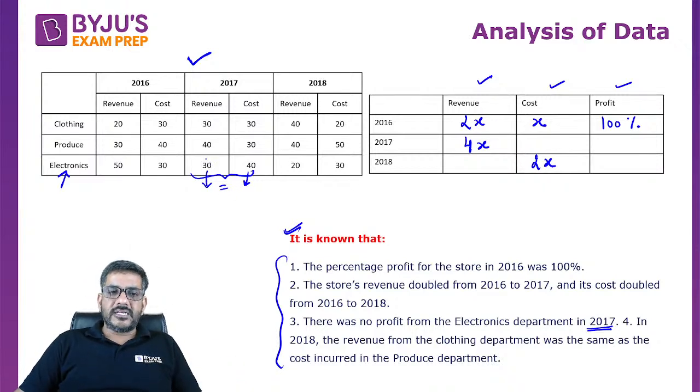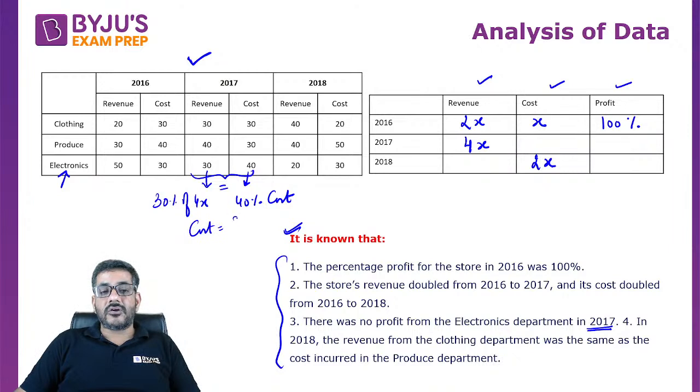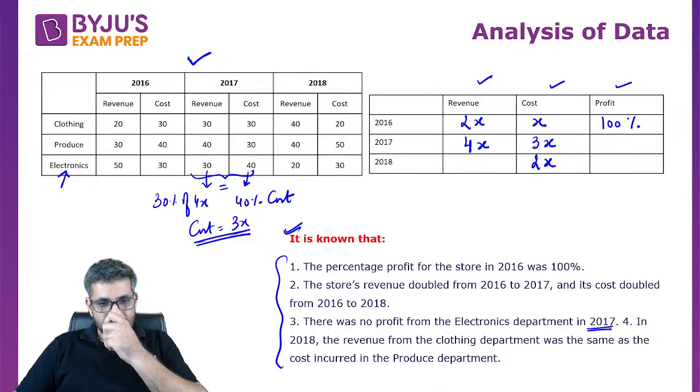So revenue is 30% of total revenue, and total revenue is 4x. So can I say 30% of 4x is equal to 40% of the cost? 30% of 4x is equal to 40% of the cost, which straight away means the cost is equal to 3x. So I can write this figure here as 3x.